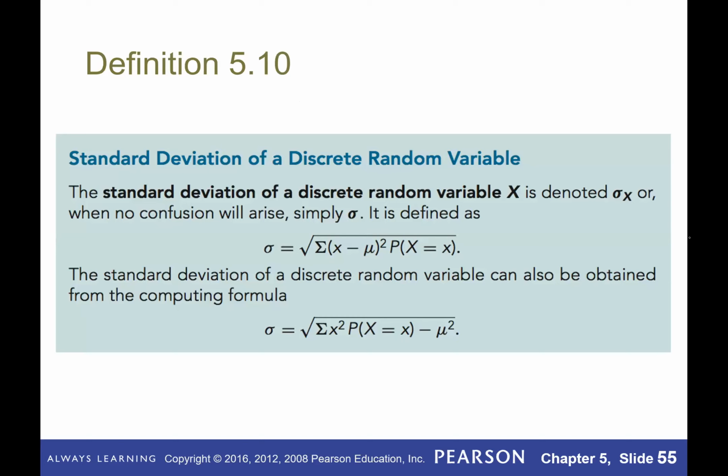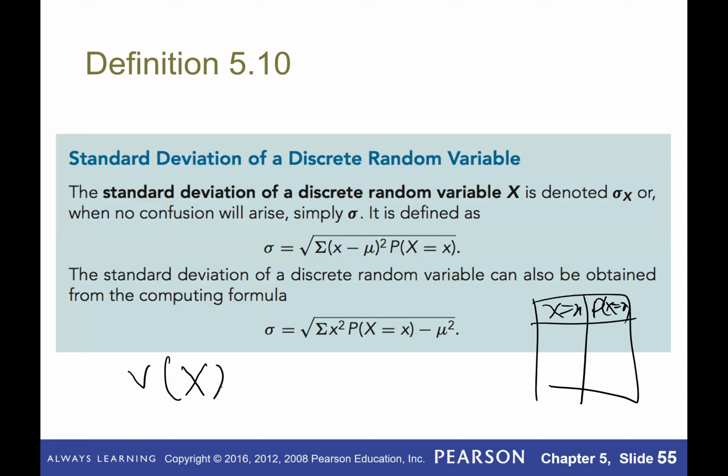Okay, the standard deviation of a discrete random variable. How do we calculate it? From the probability distribution, we know the values of x and the probability that X equals x. The variance of x is the summation of (x minus mu) squared times the probability. That means you calculate the deviation of x from the mean.